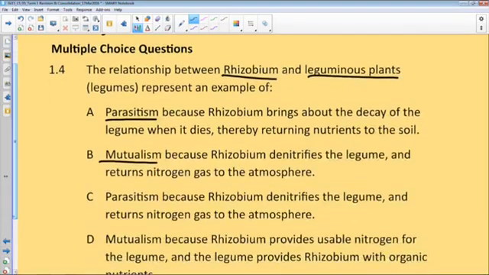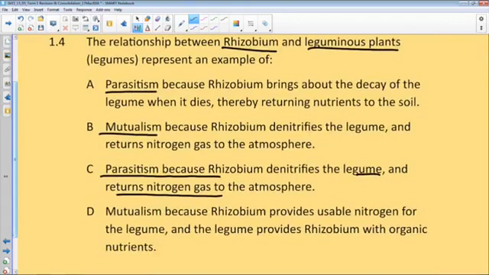C, parasitism because rhizobium denitrifies the legume and returns nitrogen gas to the atmosphere. And D, mutualism benefits rhizobium because, I'm going to reread that again, guys. Mutualism because rhizobium provides usable nitrogen for the legume and legumes provide rhizobium with organic nutrients.